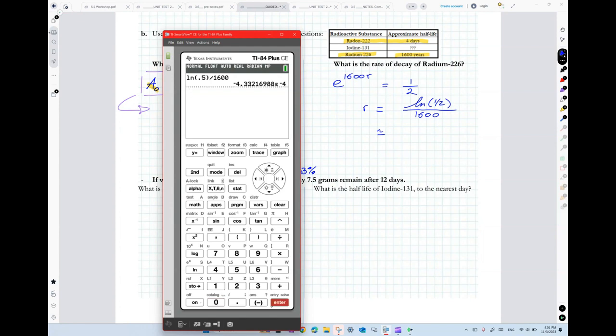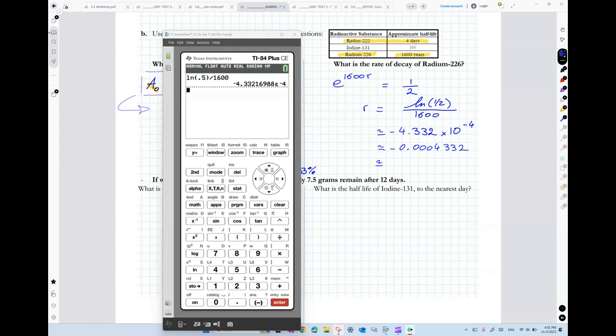I have negative 4.332 times 10 exponent negative 4. This e negative 4 means, it's the scientific notation, times 10 exponent negative 4. So as a decimal, I will have 0.0004332.